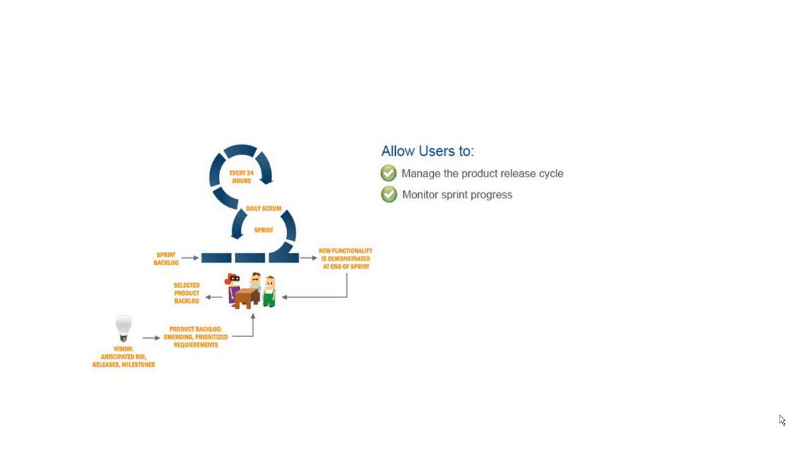ScrumWorks Pro allows users to actively manage the product release cycle while also monitoring sprint progress at the team level by building the Scrum framework into the product management workflow.